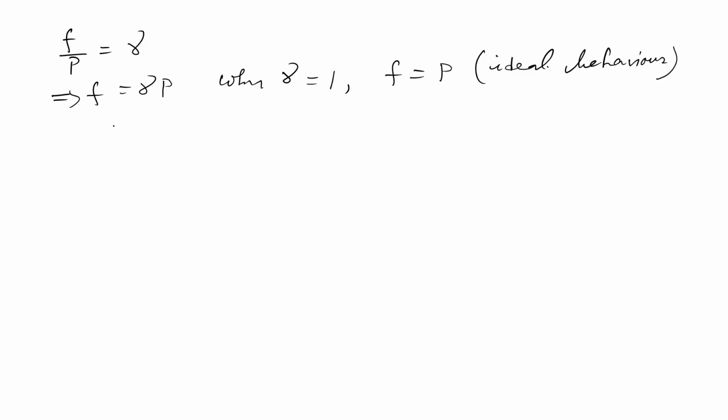Okay. Now, in the second case, when this gamma is greater than 1, what will happen? Then F will be greater than P. That is, fugacity is greater. Fugacity more means escaping tendency is more.